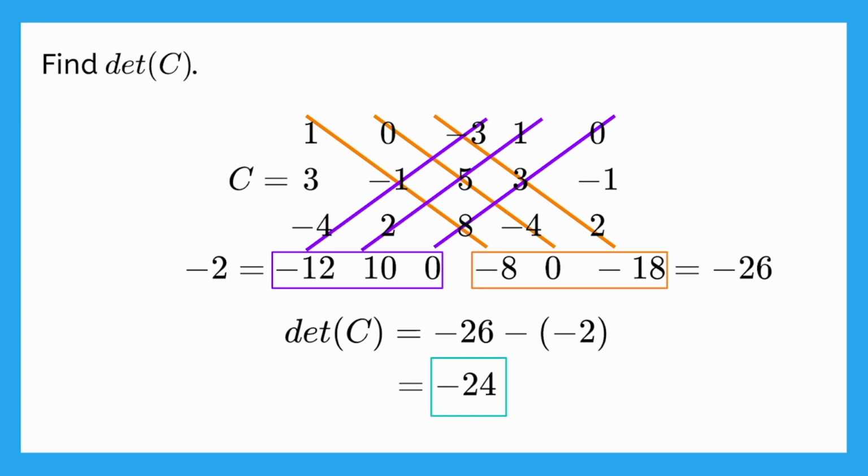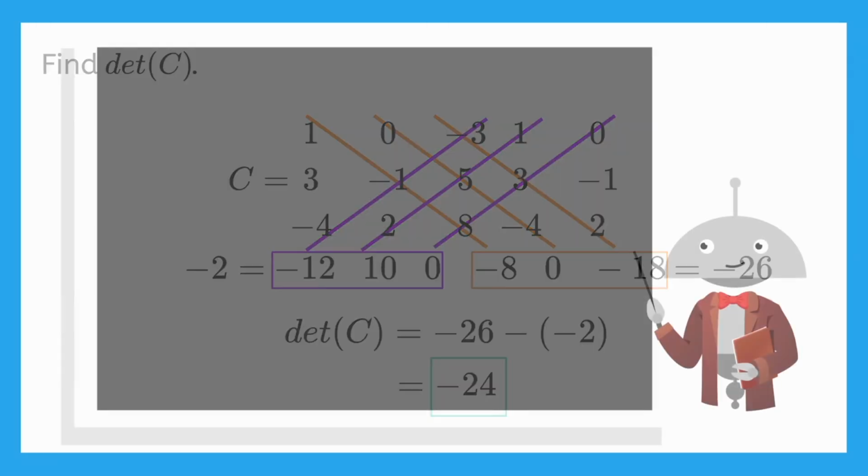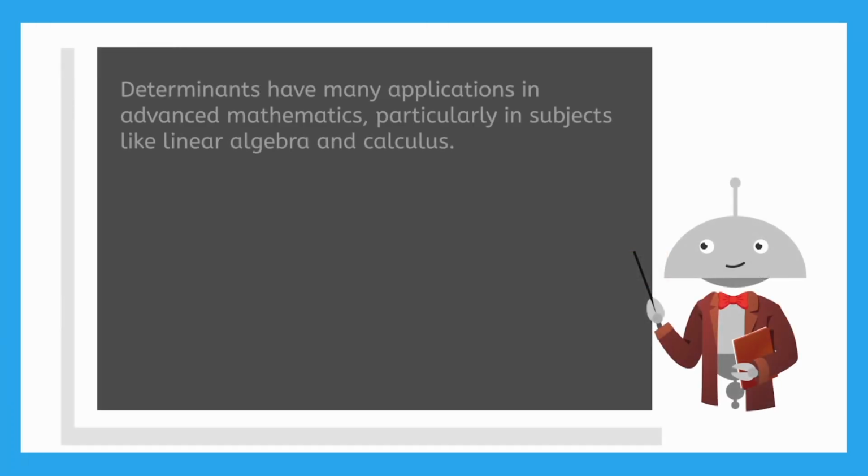Awesome! Now let's look at some ways we can apply the determinant to solve other problems. As I mentioned at the beginning of this lesson, determinants have many applications in advanced mathematics, particularly in subjects like linear algebra and calculus. But matrices can also be applied to a familiar study of mathematics, geometry.